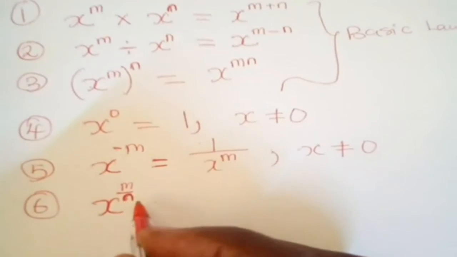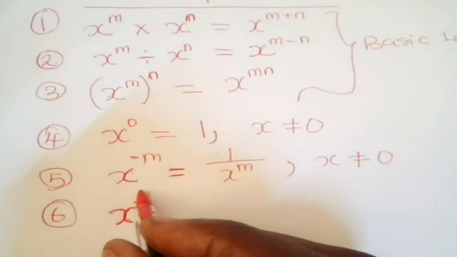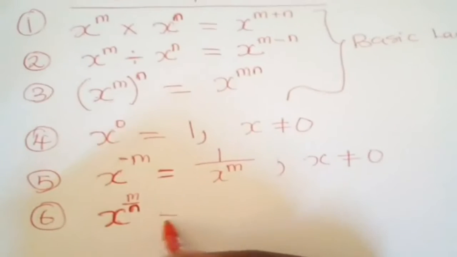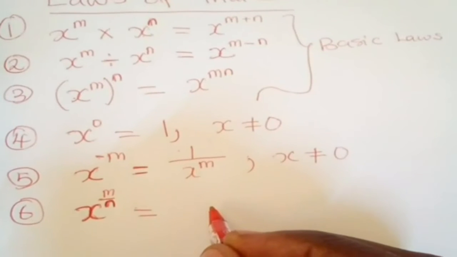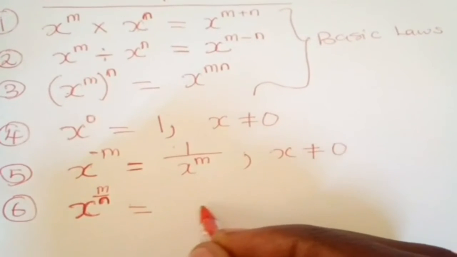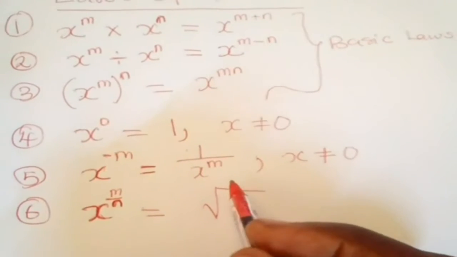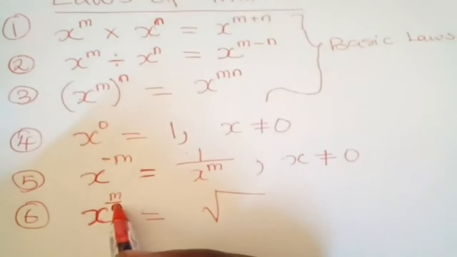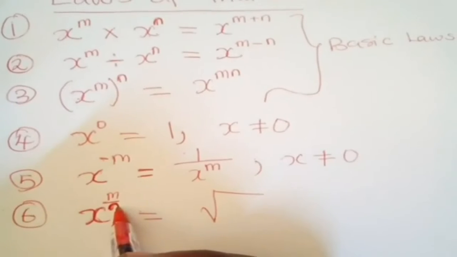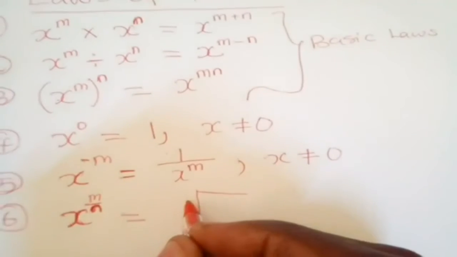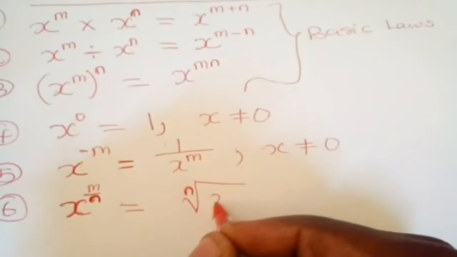So when you have the number x raised to a fraction like this, it is the same as the radical. You write the radical, the square root symbol like this, which is called the radical. This n is denoting the operation to be taken. So you put your n here, and x here.